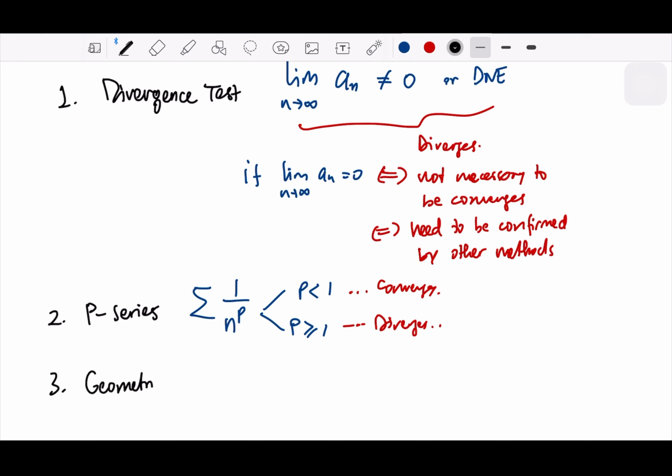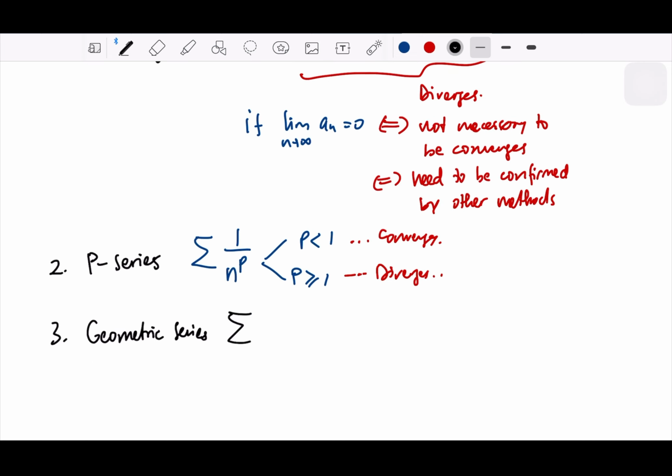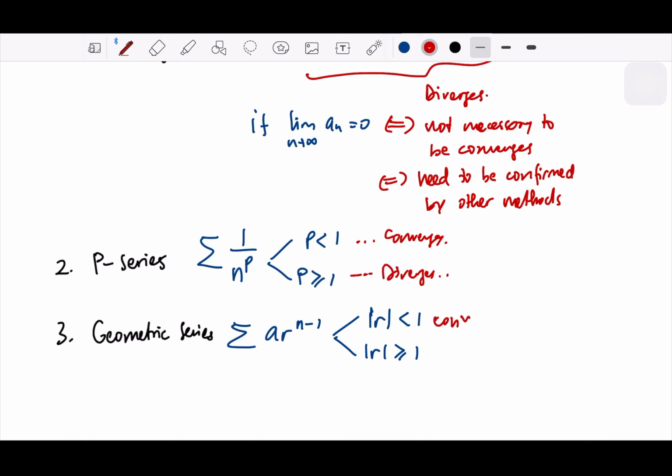You can take the series and put it into the form of the sum of a r to the n minus 1, and remember to check whether the ratio is less than 1, which converges, or not, which diverges.